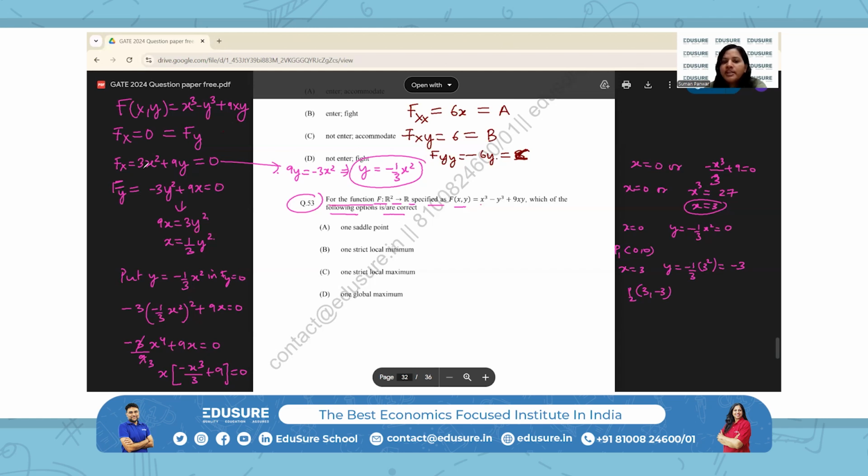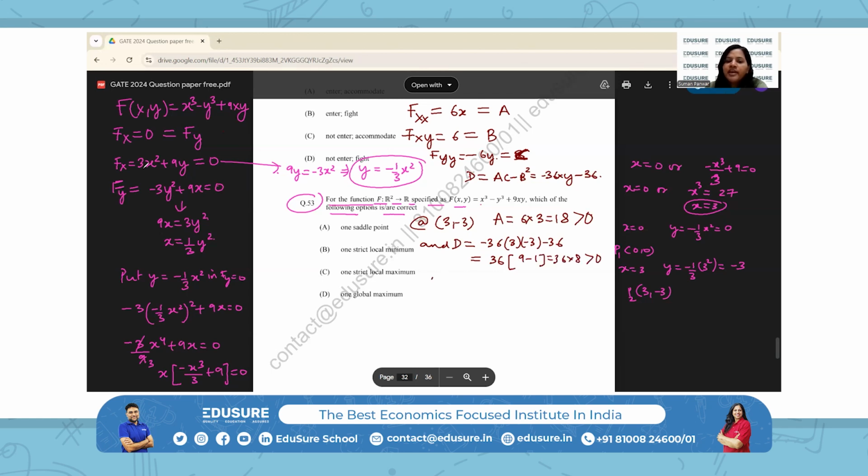And we talk about our discriminant AC minus b square, which is going to be minus 36xy minus 36. So at (3, minus 3), a is 6 into 3, which is 18, which is positive, and your D is minus 36 into 3 into minus 3 minus 36, which is 36 times (9 minus 1), which is 36 times 8, which is positive.